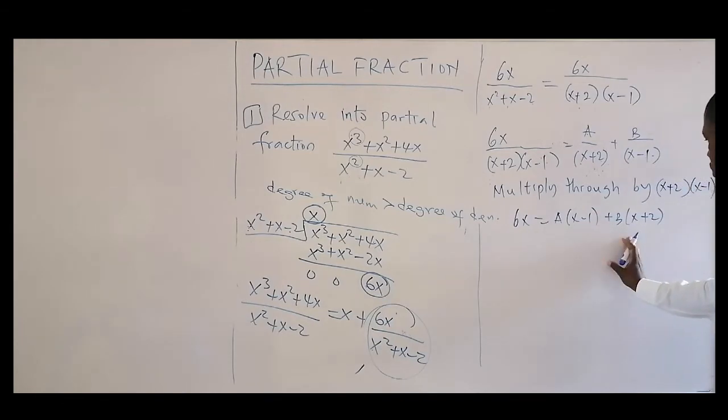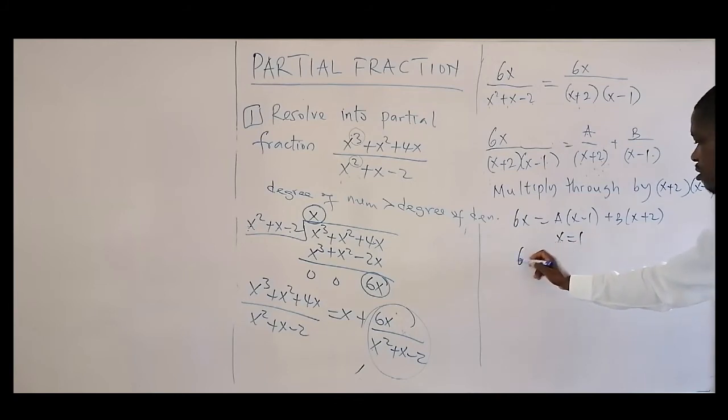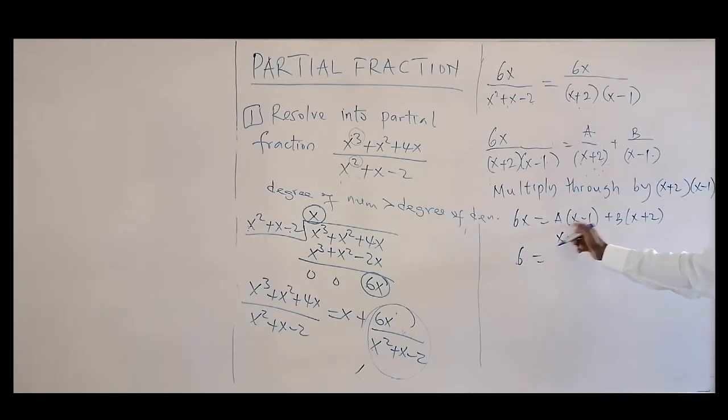Then we use the elimination method, whereby by the time we substitute for the x variable, one of the constants will go, or one of the expressions will cancel out. Let x be equal to 1. That will be 6 equal to 1 minus 1, that's 0, then 1 plus 2, that's 3B. So B is 6 over 3, and that's 2.